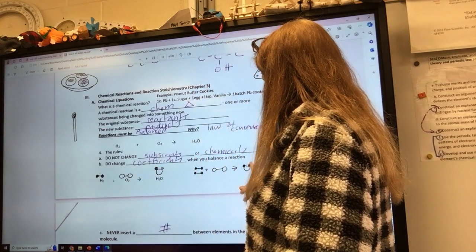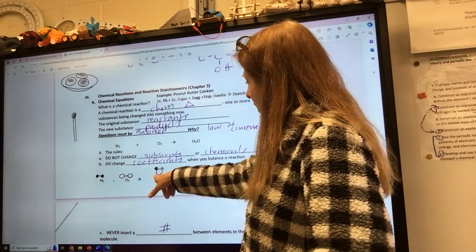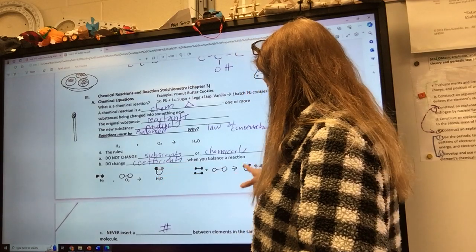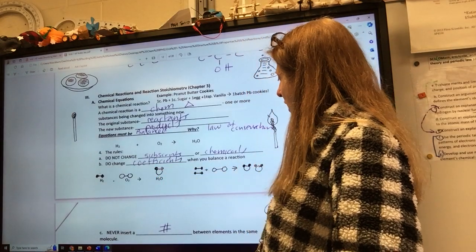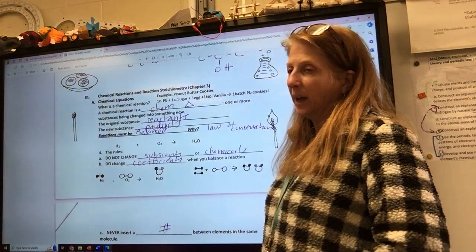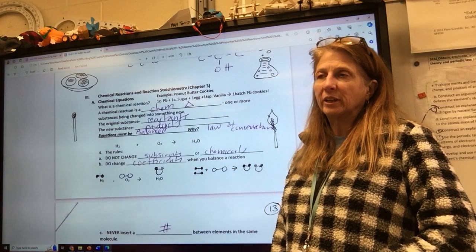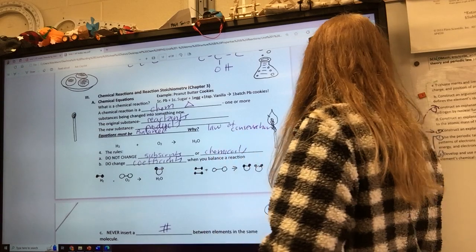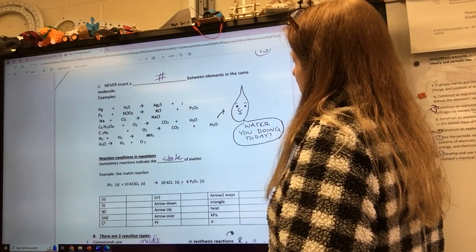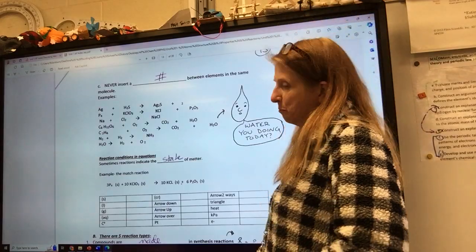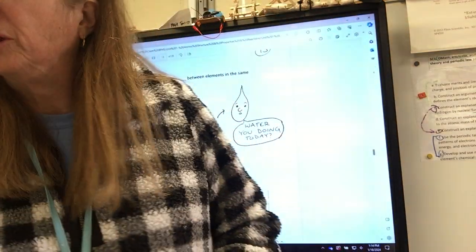To balance it, you make it 2 oxygens over here, 2 water molecules, but then that changed it where I needed 2 more hydrogens. Now that is balanced. Does that make sense to everybody? Everybody remembers that from honors, right? So you're never allowed to insert a number between the elements in the same molecule. That will change what element you've got.